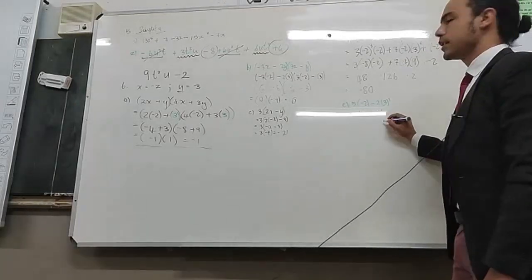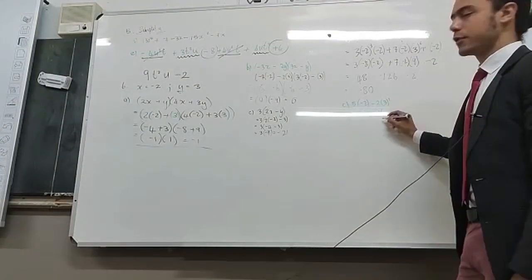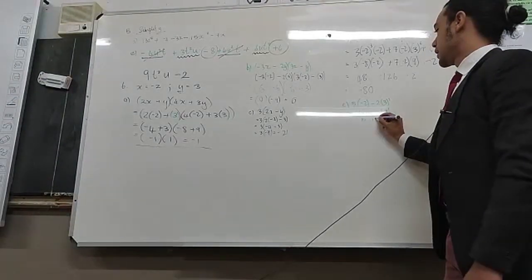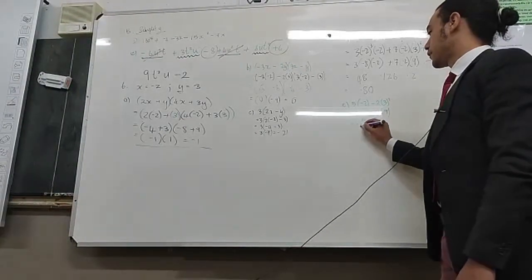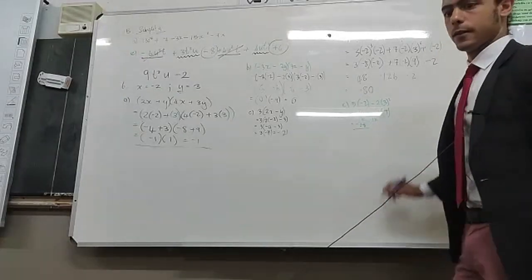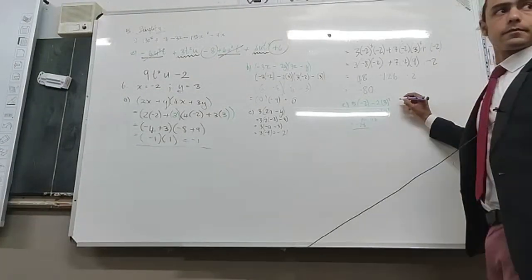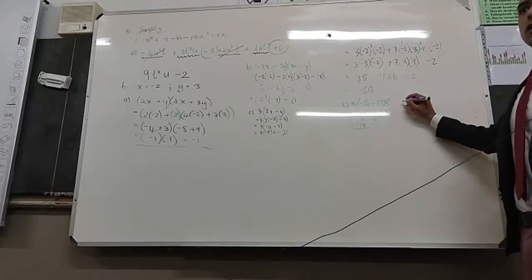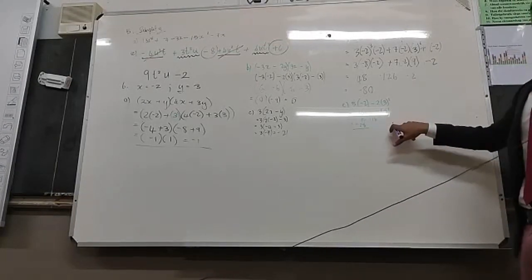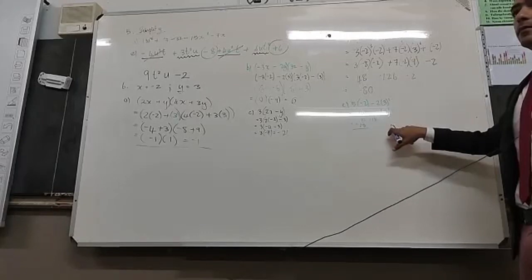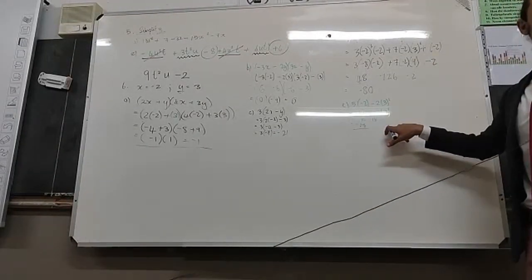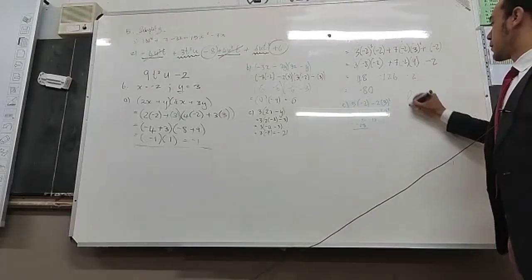The 2 stays outside. 3 to the power of 2 is equal to 9. So that becomes negative 10 minus 18, and that's going to be negative 28. Let's do the next one. Any questions here? Did I make a mistake? That's right. Okay, let's go on to question number F.